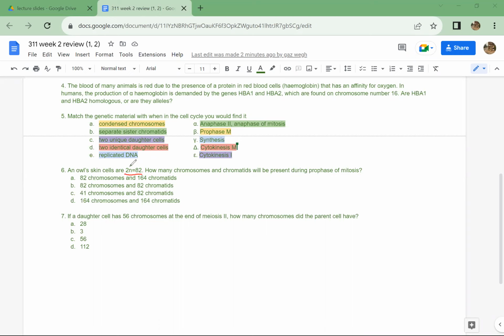It's not an equation that we use to find the amount of anything in the cell. It just conveys information. We are not solving for n. N does not equal 41. We can mark that off right away. 2n simply refers to being a diploid organism.